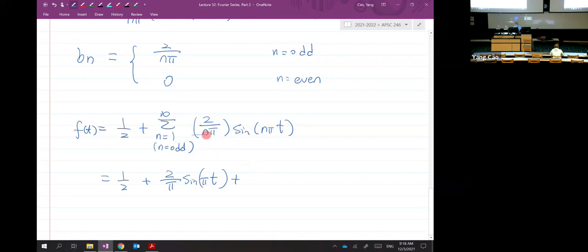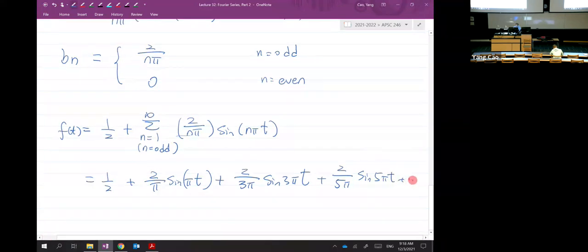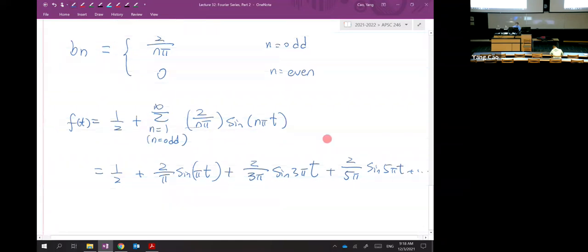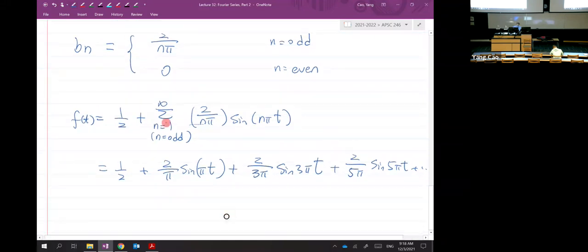N equal to 3, exactly. So 2 over 3 pi sine 3 pi t. The next one is 2 over 5 pi and sine 5 pi t, and so on and so forth. To some people this might be more acceptable than a summation. So people can clearly see f of t is a summation of a whole bunch of sine terms, sinusoidal signals.